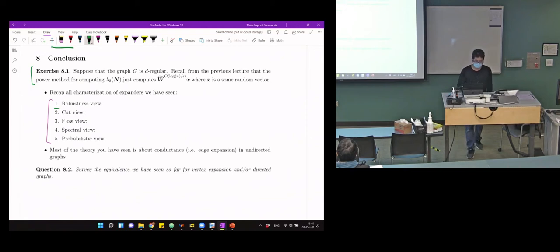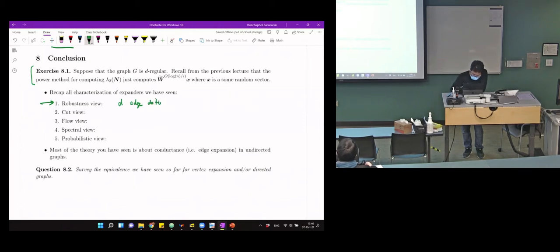Can someone remind me what this is? Delete a set of edges, then the smaller volume will be order of D over 3. Yeah, exactly.